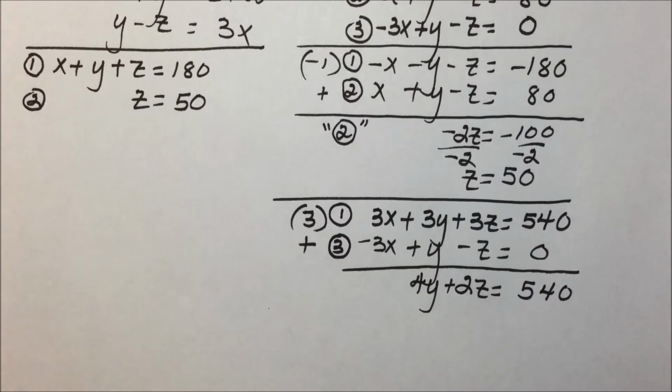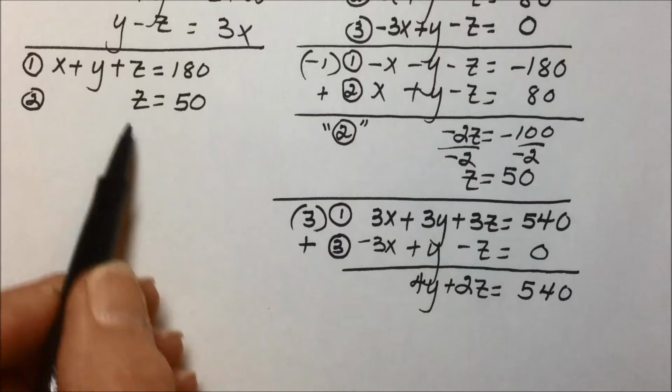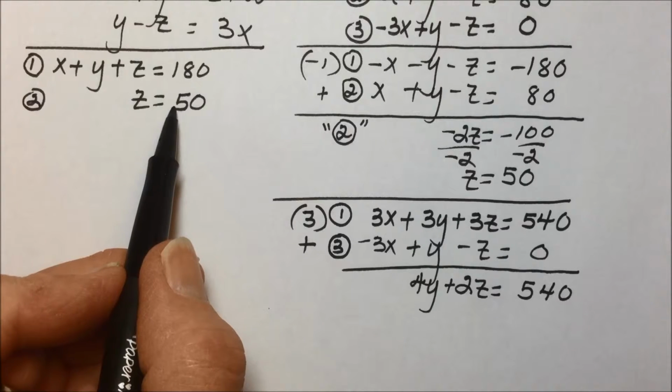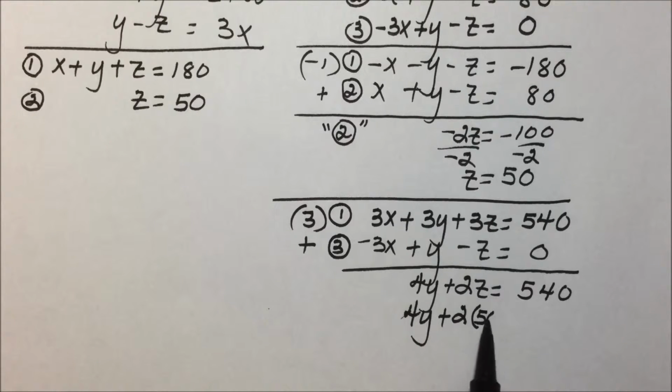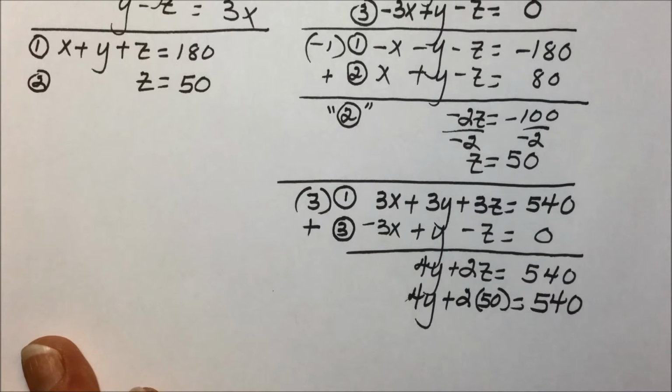We now have one equation with two variables, and we know one of those values. Z is equal to 50. So if we know what z is, we now can solve for y. So replacing z with the 50, we'll go forward then to solve.